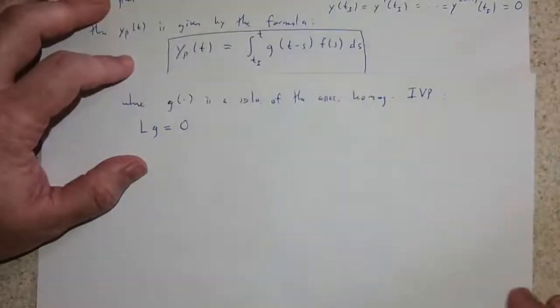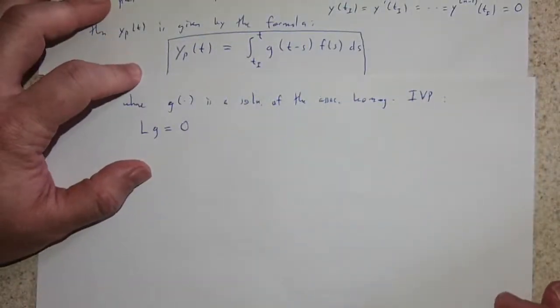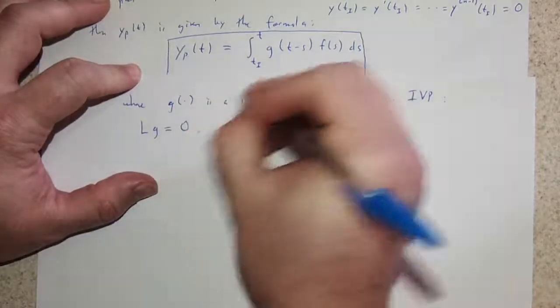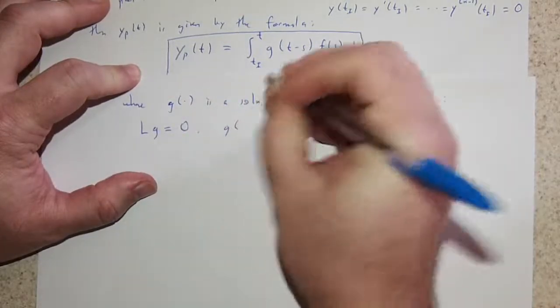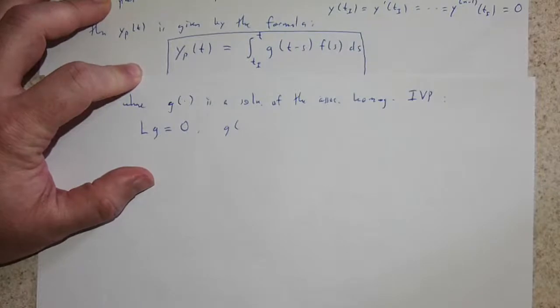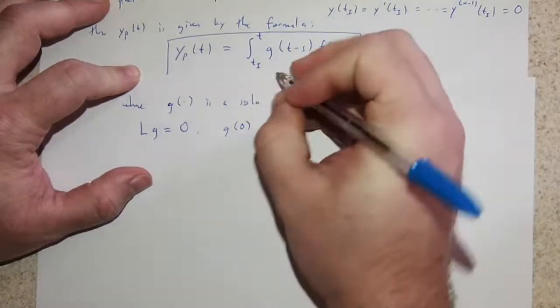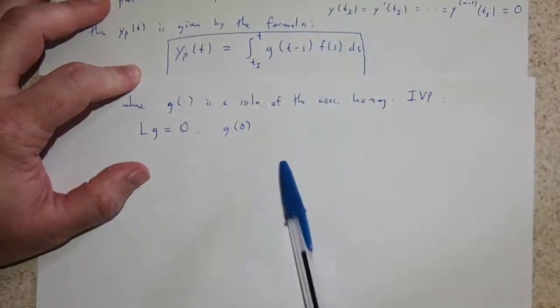The initial conditions I impose to find that particular solution: g of this initial time, I'm going to take to be 0, actually. So it doesn't matter what this t sub I is, this is still going to work here.